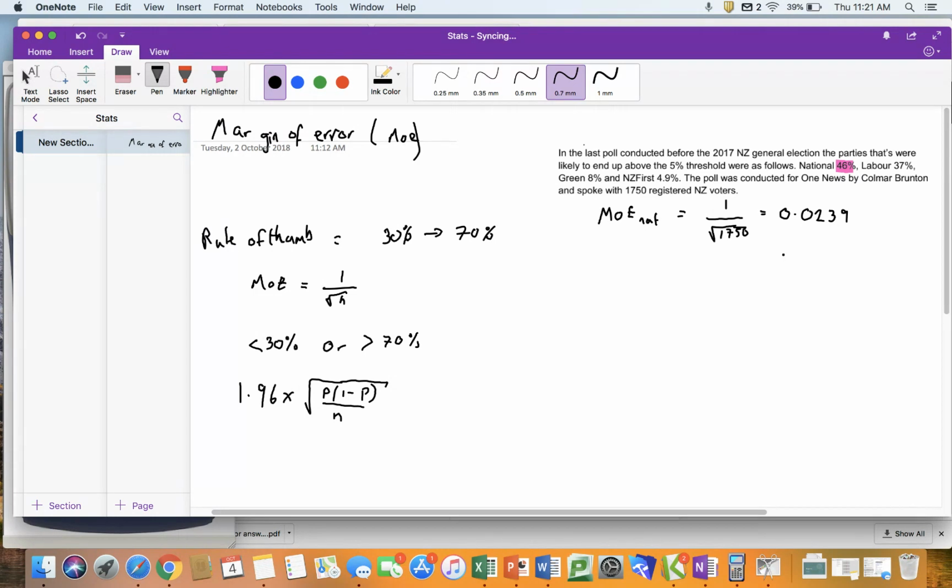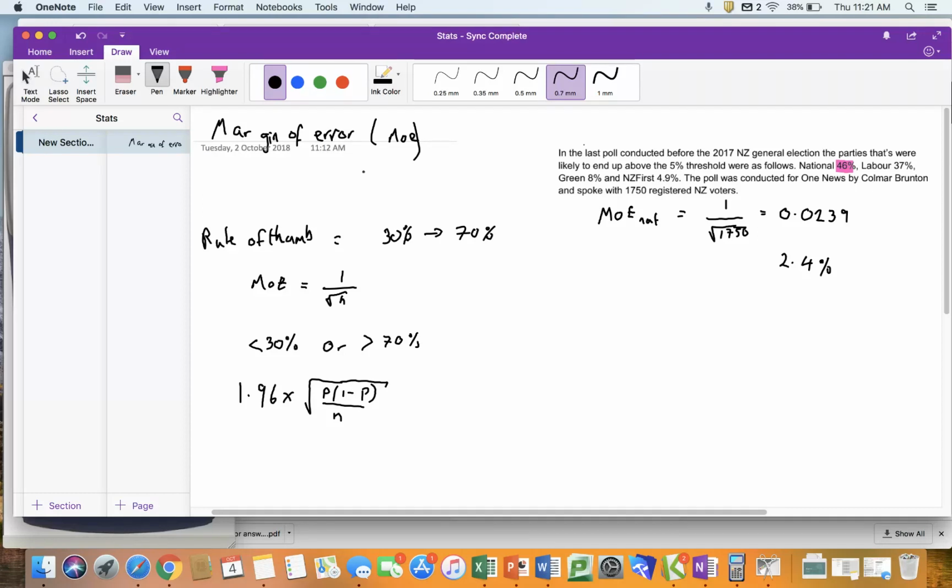So my percentage is 2.4%. So the margin of error for the National vote is 2.4%. We'll come to in the next video what that actually means and constructing a confidence interval, but that's all I wanted to do for this one.